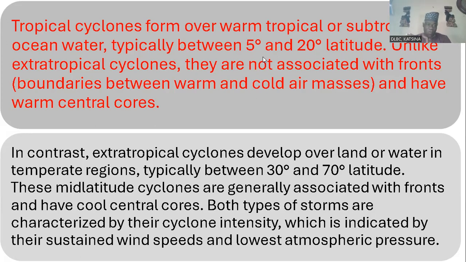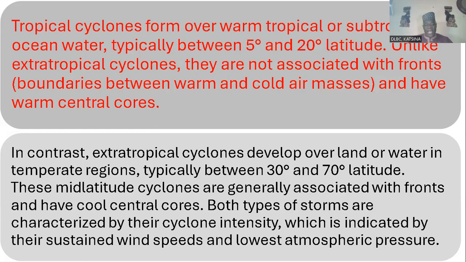While when you move up, you have temperatures as low as 4 degrees or even minus in terms of temperature. So in contrast, extratropical cyclones develop over land or water in temperate regions, typically between 30 to 70 degrees of latitude. And these mid-latitude cyclones are generally associated with fronts and have cool central cores.